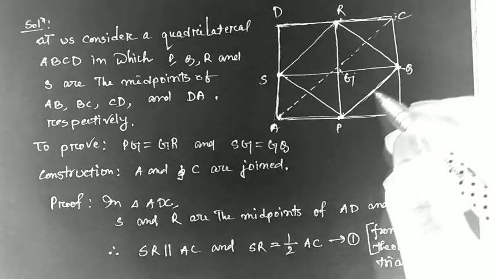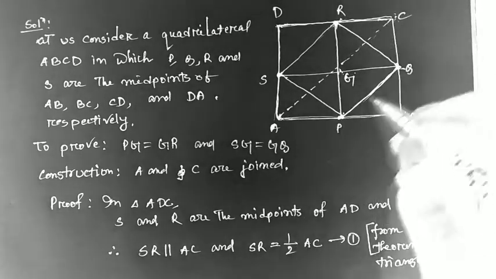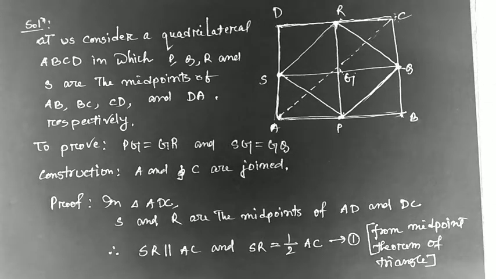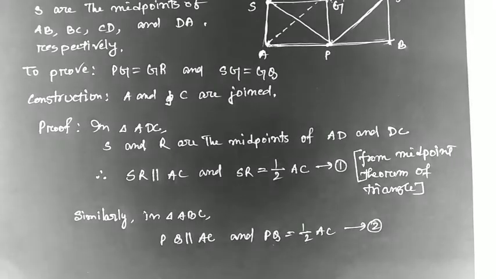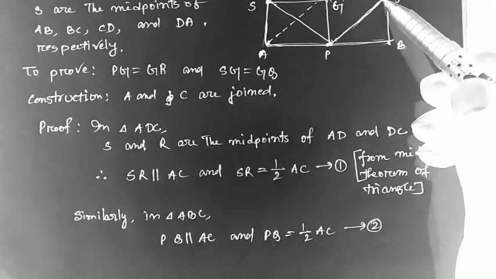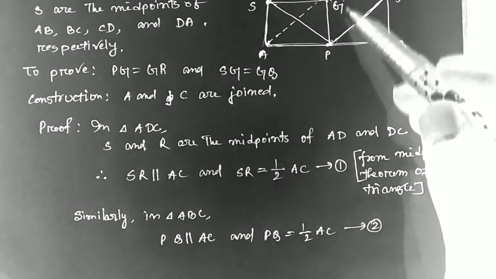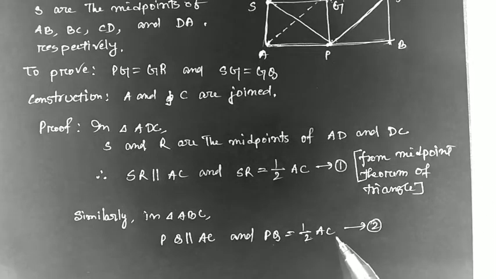So it is parallel to AC and half of AC. So PQ is parallel to AC and PQ is equal to half of AC. This is equation number 2.